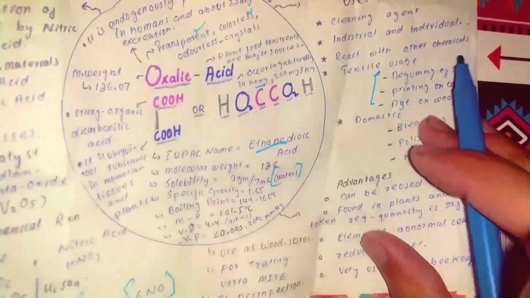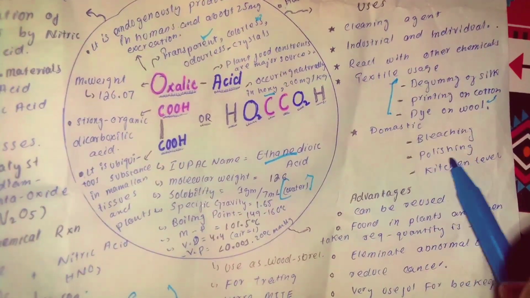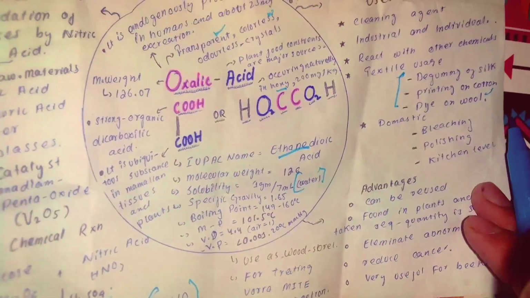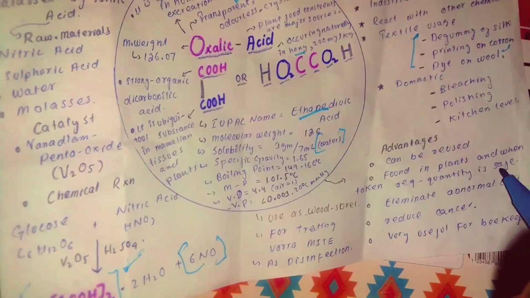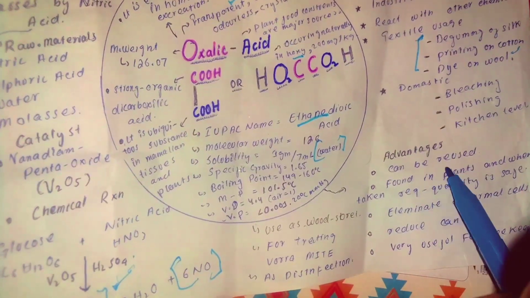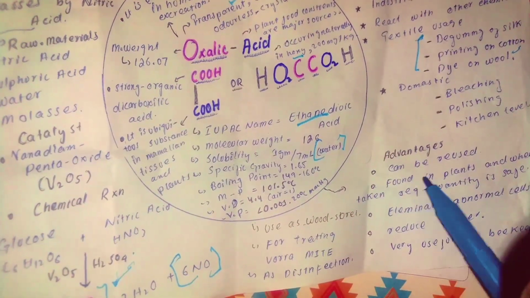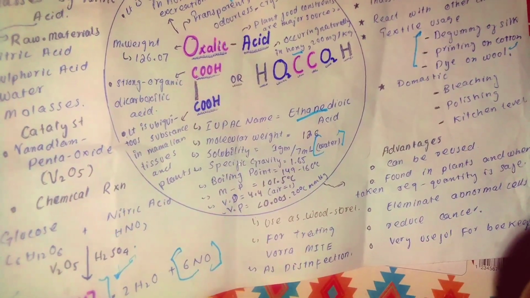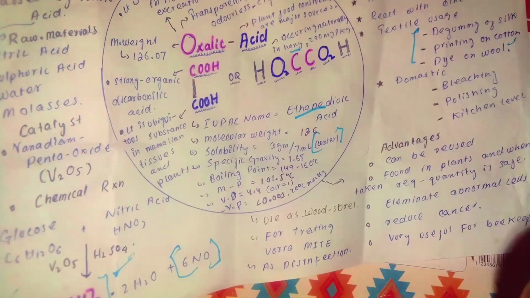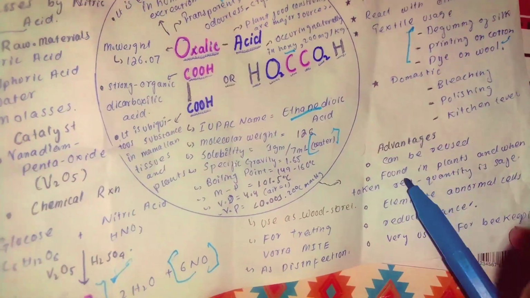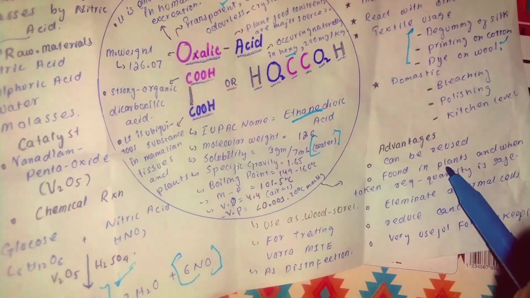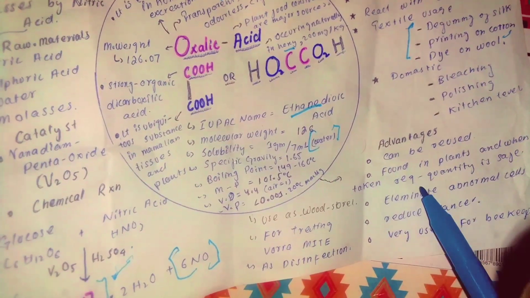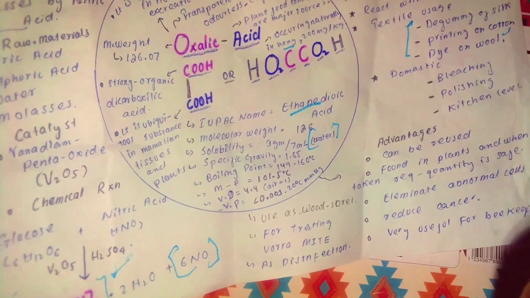Then there is domestic usage in bleaching, polishing, kitchen level, etc. Oxalic acid can also be reused as a product when it is a side product. Or the second point is that it is found in plants and when taken in the required quantity it is safe.